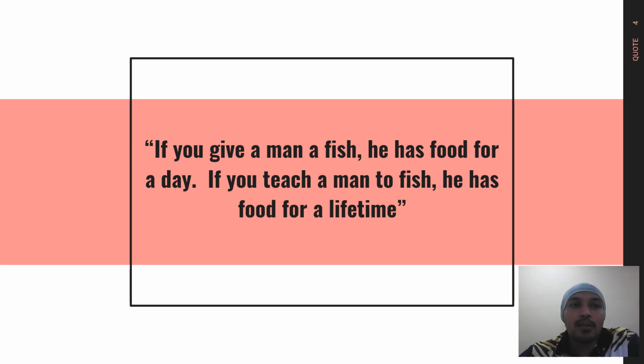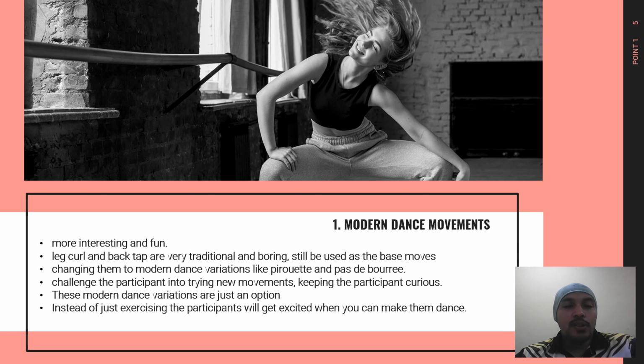All right, so let's proceed with the first point in how to revive freestyle aerobic, which is to include modern dance movement. Modern dance movements are more interesting and fun. Movements like leg curl and back tap are very traditional and boring, but these movements can still be used as the base move. Changing them into modern dance movements or variations like pirouette and pas de bourrée will challenge the participants into trying new movements, keeping them curious.